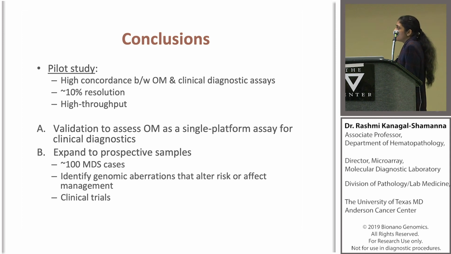In addition to assessing concordance, we will also try to identify any genomic aberrations that could potentially alter the risk or change the patient management. Hopefully, we also plan to include profiling of these patients into the ongoing clinical trials.